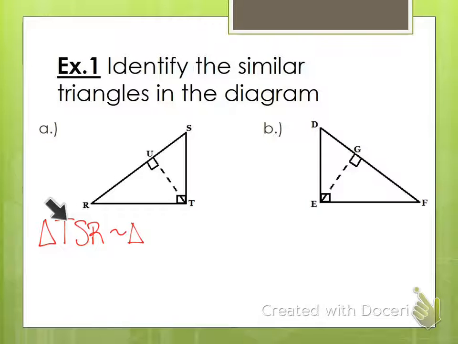We started with angle T, then for the bottom triangle we'd have to start with U. Okay, so TSR, it looks like S was the bigger of the angles that was left, so we would have to go from U to T. And then, of course, R is the same in the big triangle and in the smaller one, so R is the leftover. I'm writing a little too big, so I'm going to move down a line to write my other similarity statement.